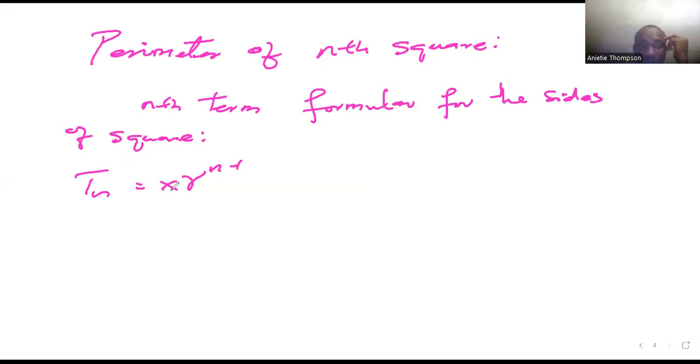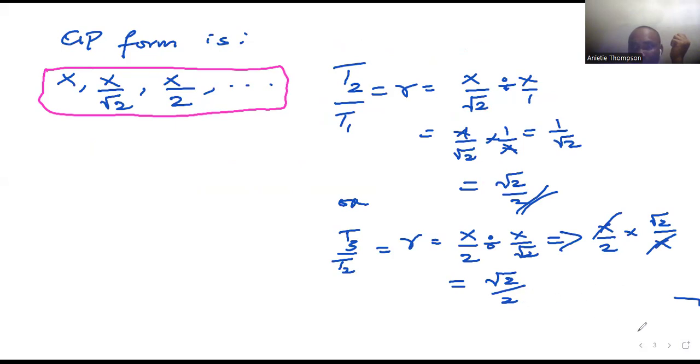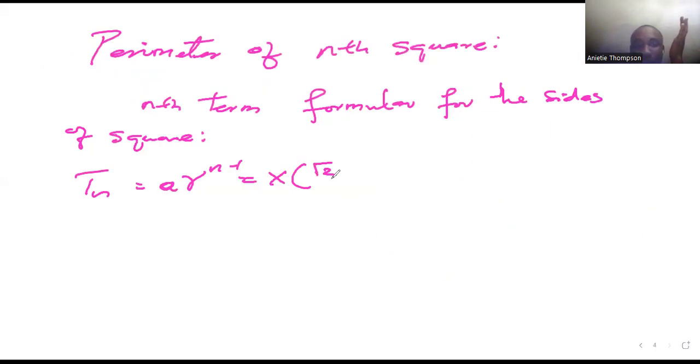Remember, this is the first term, so let me follow the formula. The very first value of the length was given as x, then the common ratio is given as square root of 2 over 2. So I write square root of 2 over 2 raised to the power of n minus 1, which I can also write as x times 2 raised to the power of half, all over 2.